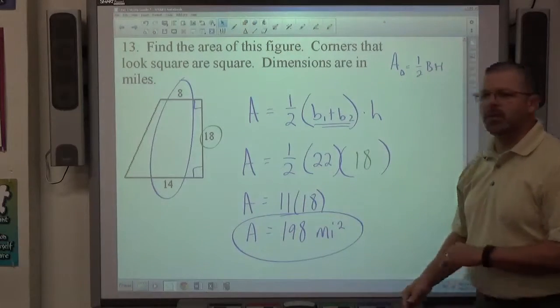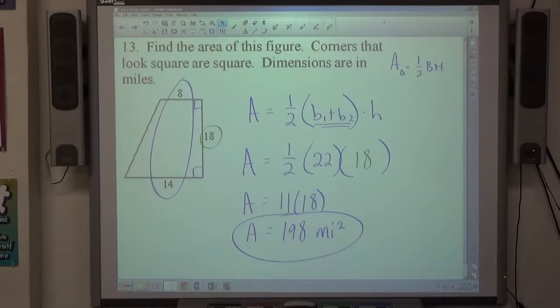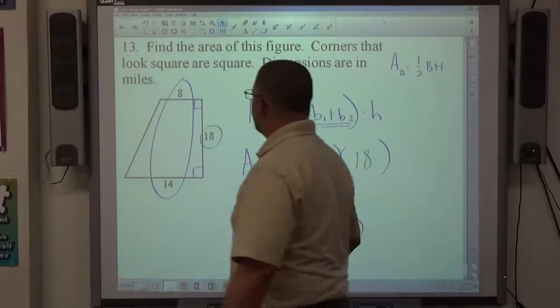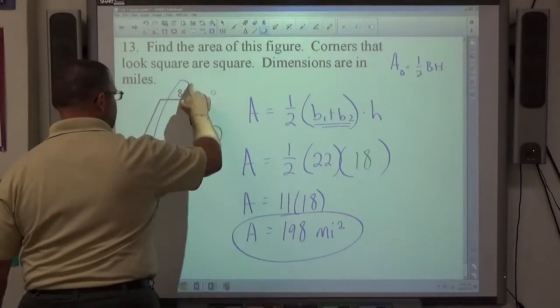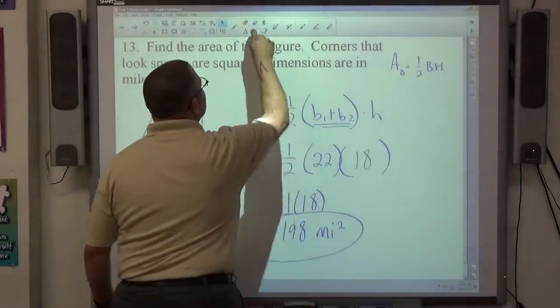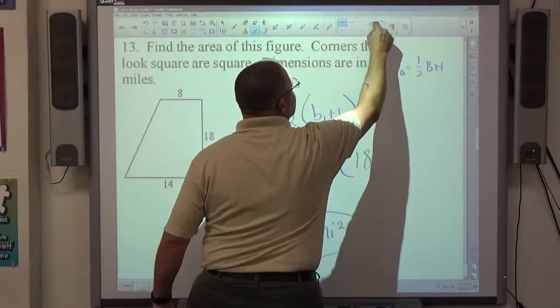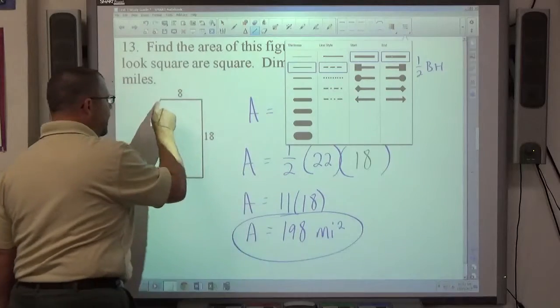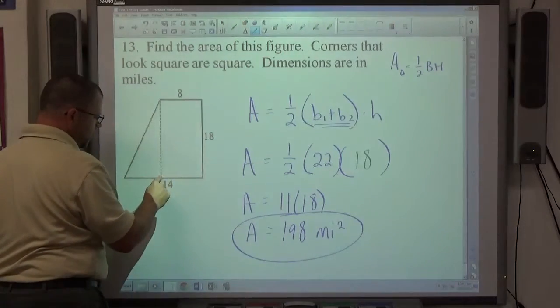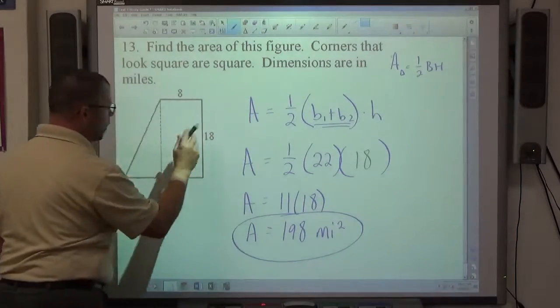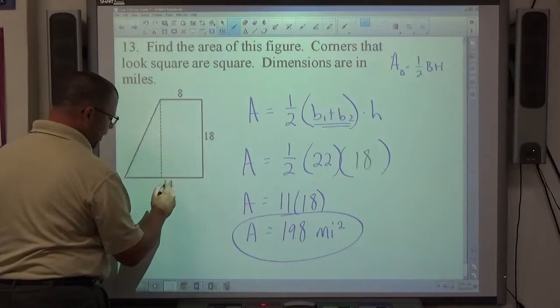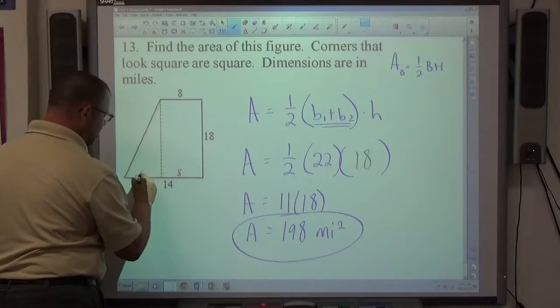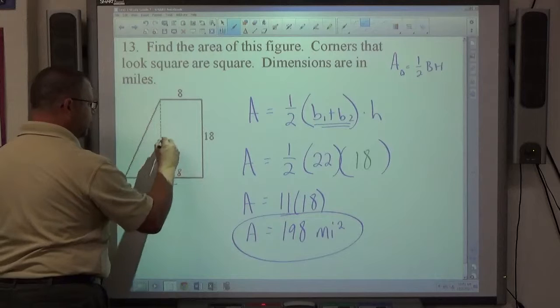It will be a trapezoid on the test, and that formula will be available to you. The other option for a trapezoid, if you don't like that one, is if I were to draw a vertical line straight down from here to here. You break it into a rectangle on the right, which is 8 by 18, and that's 8 right there, so that means this is 6 right here, and this is 18 right here.